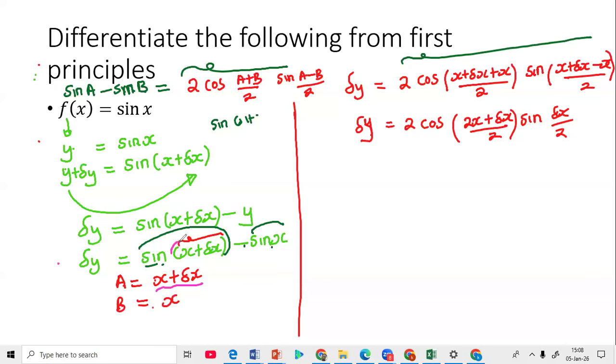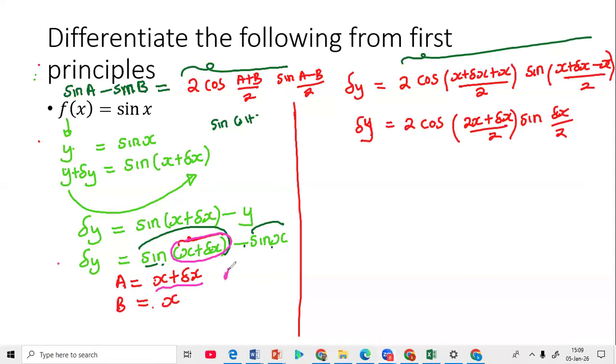Did you get this part when you pick this angle? I hope you pick that part.